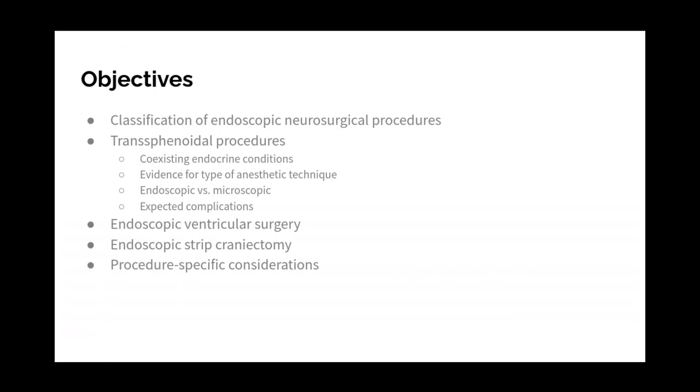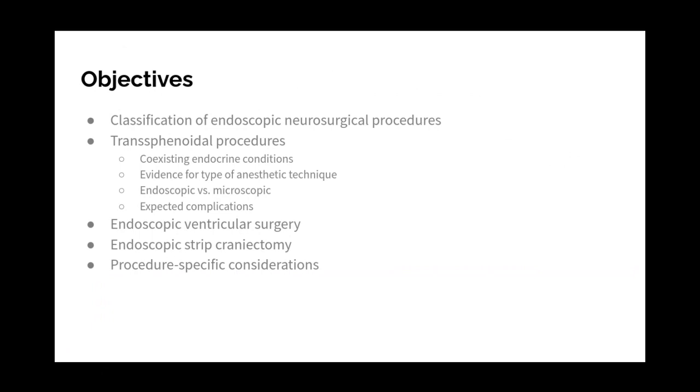The objectives of the talk today are to develop a classification system for endoscopic neurosurgical procedures. And then certainly this is not a comprehensive review, but I wanted to talk about some of the main important and commonly used places for endoscopic techniques. So this includes transsphenoidal procedures, and then their coexisting endocrine conditions and how to manage those.